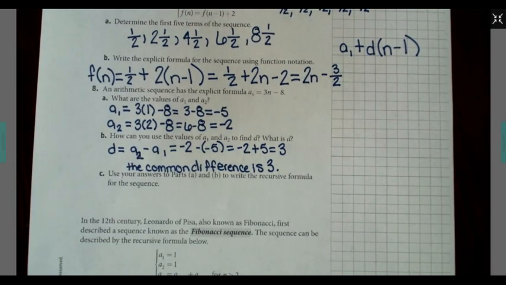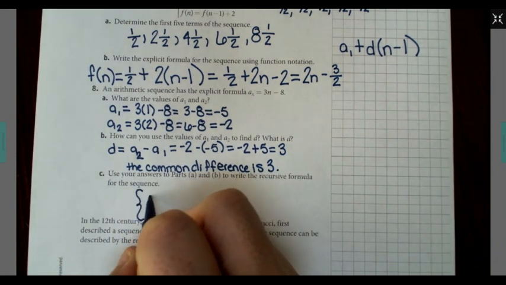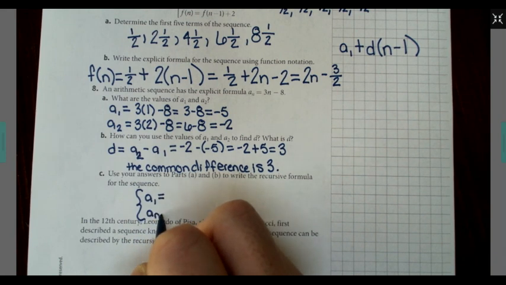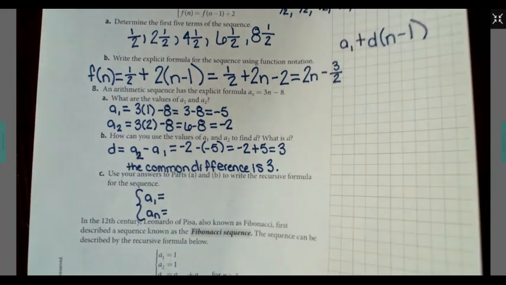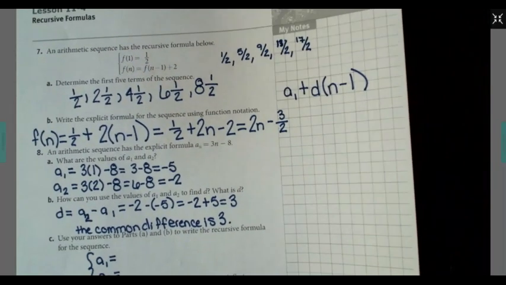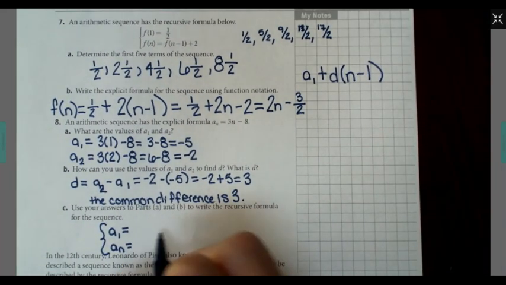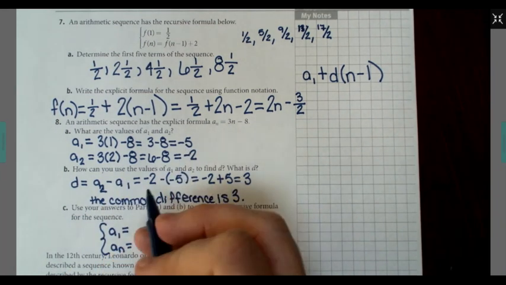Use your answers from parts A and B to write the recursive formula for the sequence. Now remember with recursive formula, we have this brace and we have A sub 1 equals, and then we have A sub n equals something, okay? Well, let's recap. A sub 1 should always be our first number. Our first term in this sequence is negative 5, actually.